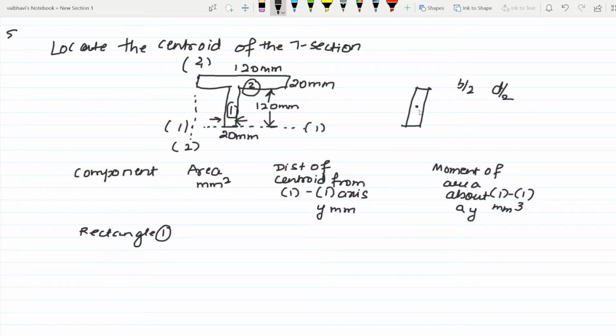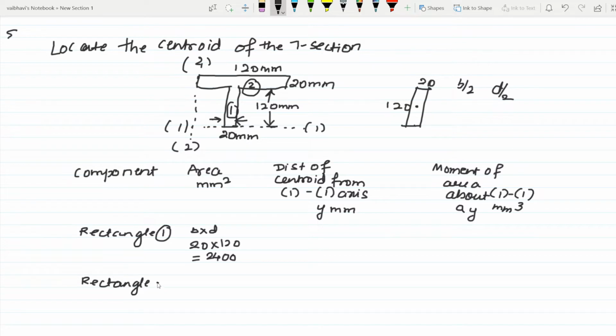Now we have to write the distance of the centroid of this web portion, rectangle 1, from the 1 axis. First, what is its area? Its thickness is 20 and its height is 120. So its area will be b into d, that is 20 into 120, that is 2400 mm square.